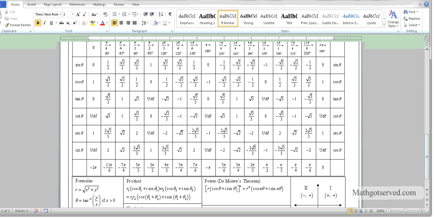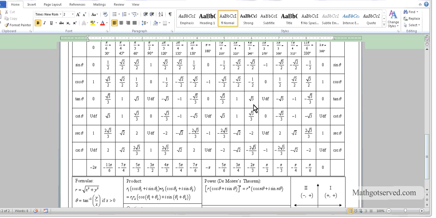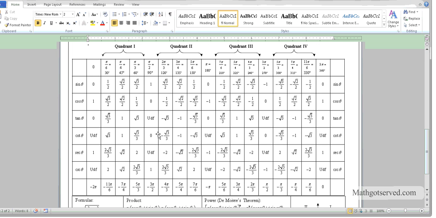If you look here, cosine 4 pi over 3 is negative 1/2, and sine 4 pi over 3 is negative root 3 over 2. These are the sine and cosine values of 4 pi over 3, which is also equal to 240 degrees.